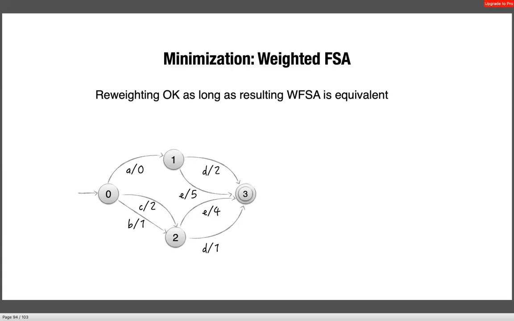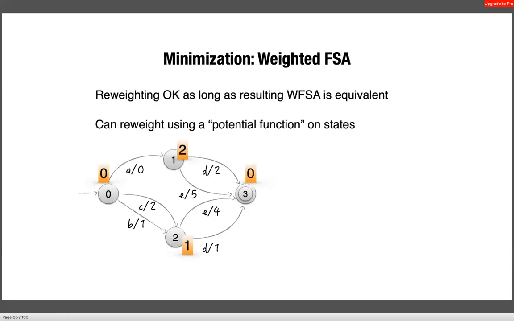So remember from before, two weighted finite state acceptors are said to be equivalent if the input strings have the same weights in both machines. The weights can be distributed in different ways. It's just that the input string has to have the same overall weight in both machines if they are equivalent. So you can do any kind of reweighting as long as the resulting reweighted machine is equivalent.